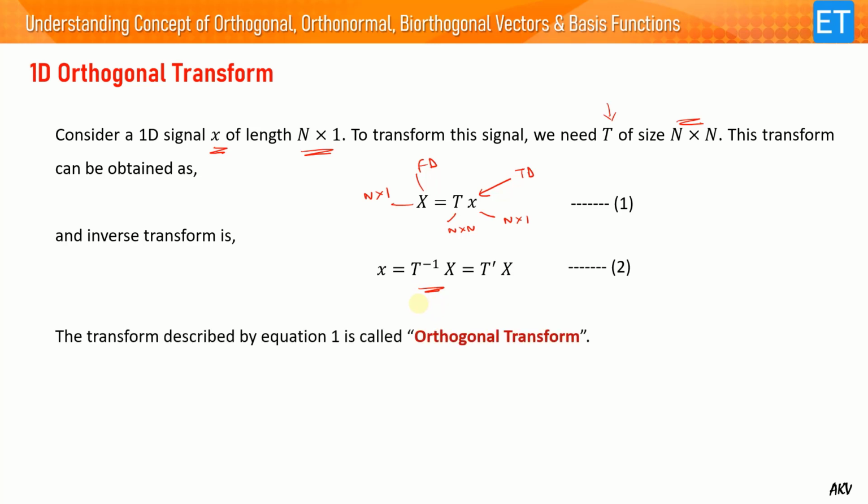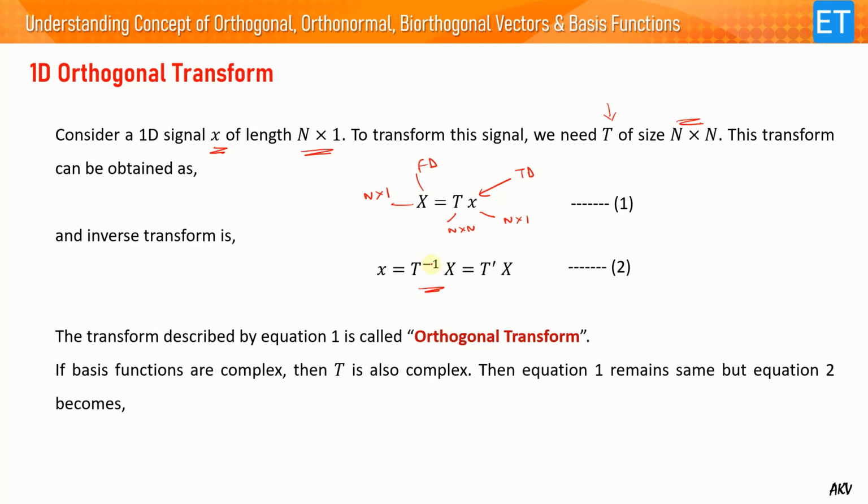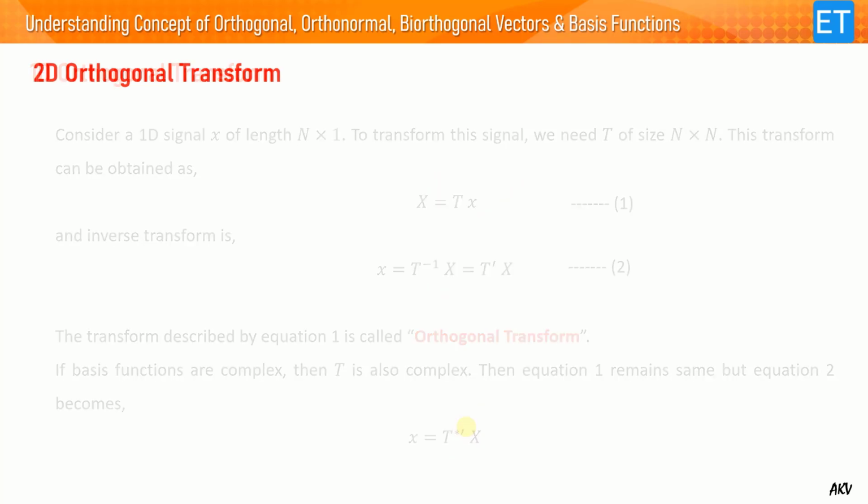So this is known as an orthogonal transform, and if your T matrix is made with complex orthonormal basis functions, then equation 2 becomes this, okay? So equation 1 will remain the same, but equation 2 will change. T transpose will become T conjugate transpose, okay? So that is your one-dimensional transform. Later with numerical examples, I will show you how you can perform it.